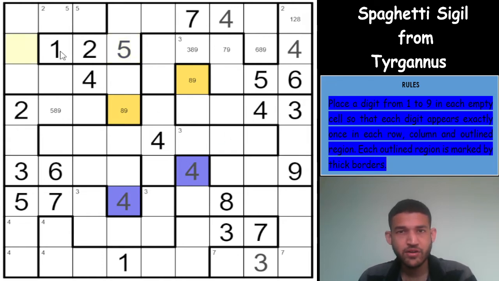So you can see that in row 2, 3 can't go in column 1. So 3 must be in one of these two cells, right? So 3 is either here or here. Okay, so if we could get a few more digits, I think this would become considerably easier.